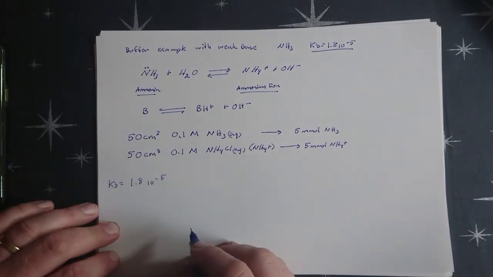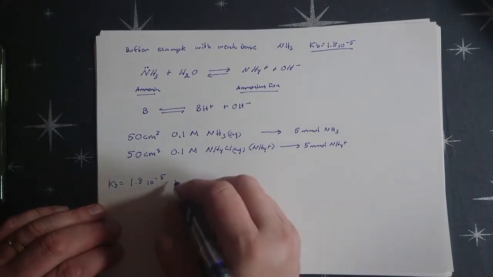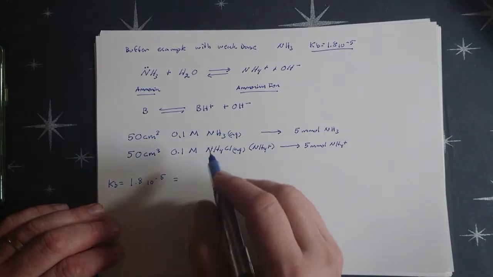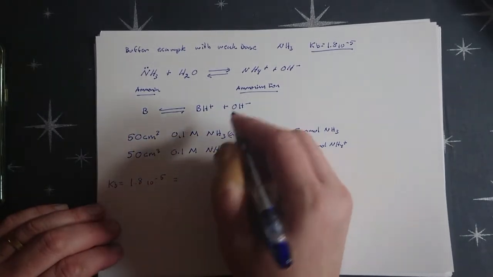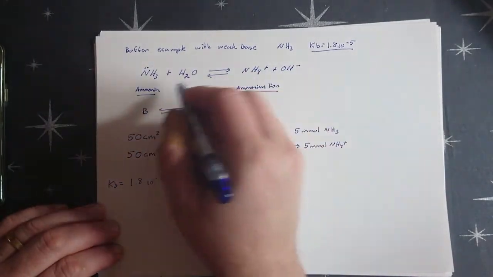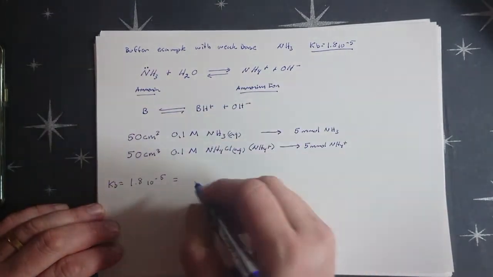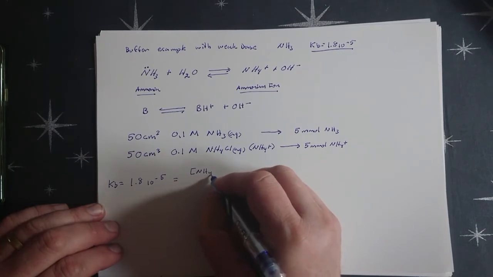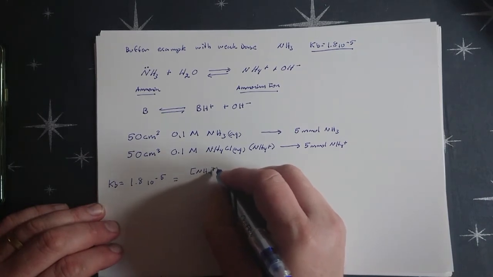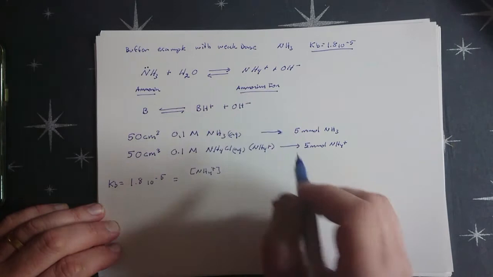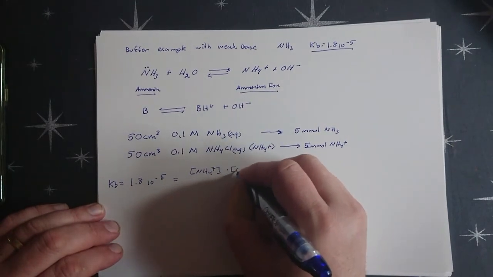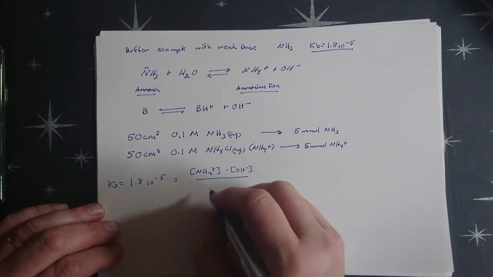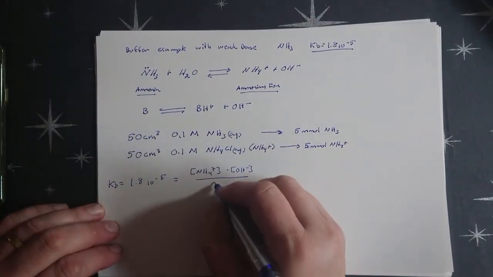So this is KB equals, and this is equal then to the products over the reactants in this equilibrium process. So we'll write it in full this time, and one of the products is obviously the ammonium ion. The other product is OH minus, and the reactant is, in this case, the base that is dissociating.